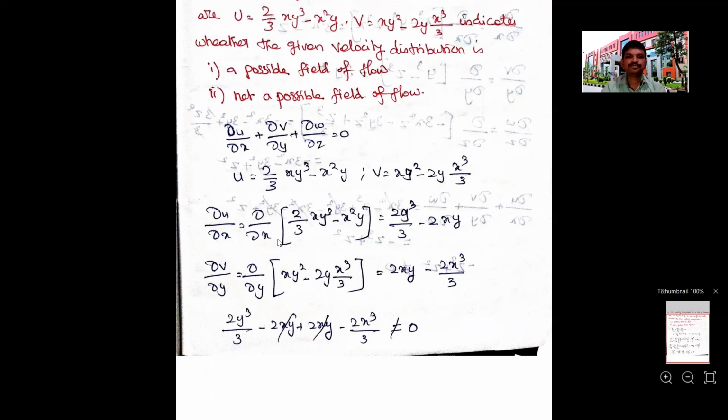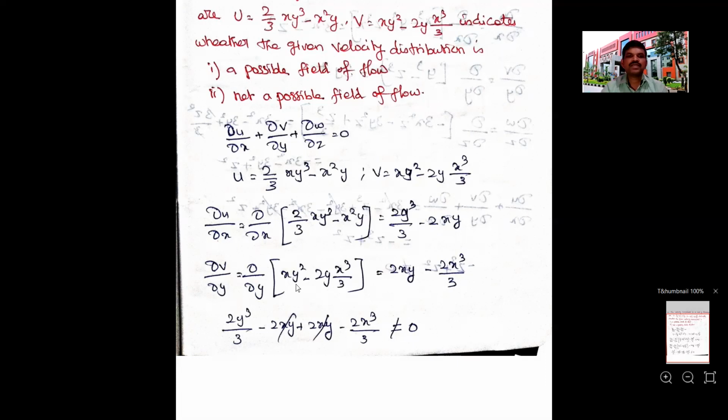Now what is the differentiation with respect to x? Here x becomes 1 in partial differentiation, so the balance is 2y cube divided by 3. Minus x square, if you differentiate, gives 2x, so minus 2xy. Next, come to ∂v/∂y, equal to ∂/∂y of the velocity function v, which is xy square minus 2yx cube divided by 3.